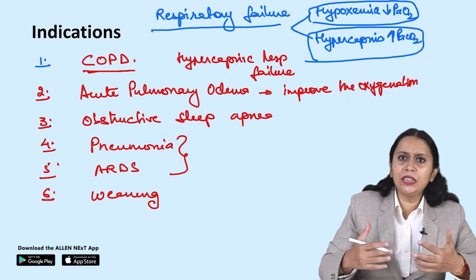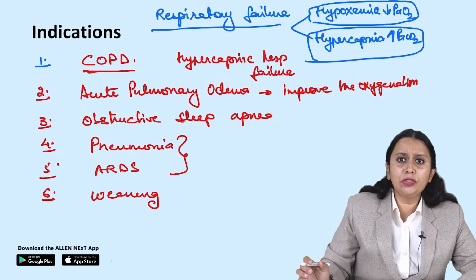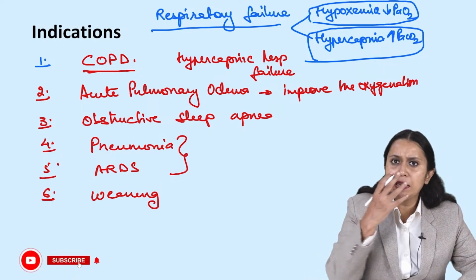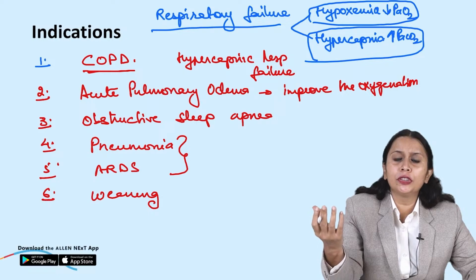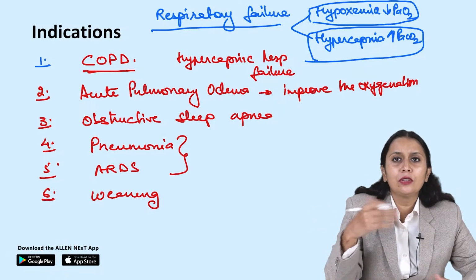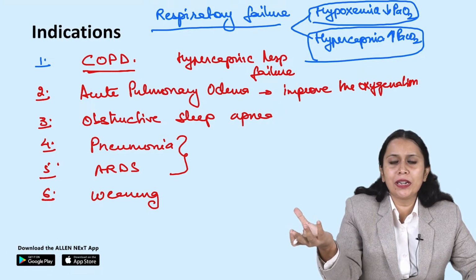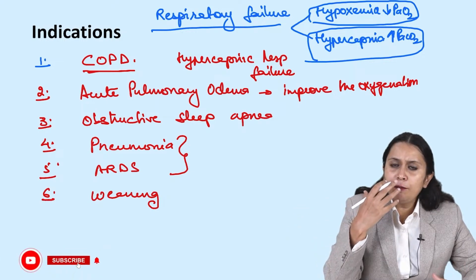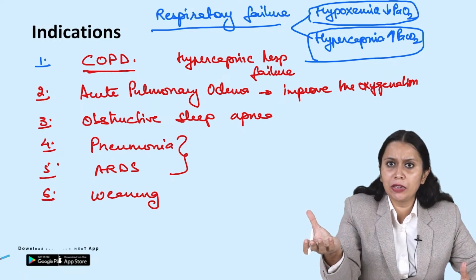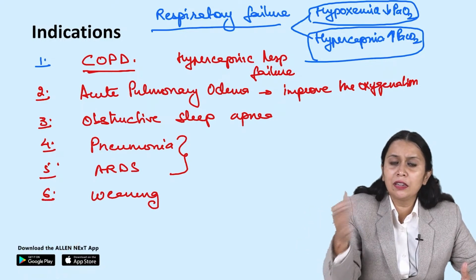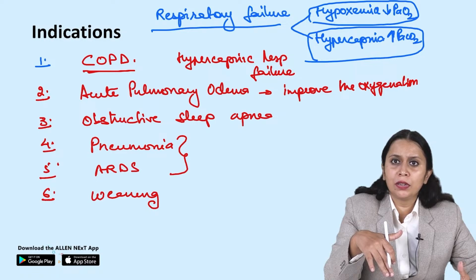Now, what are the prerequisites and what are the conditions in which we cannot put non-invasive ventilation? See, the patient interface is a tight-fitting mask. So if the patient is unconscious or weak, the patient will aspirate. So a comatose patient is an absolute contraindication. Now, if the patient doesn't have a respiratory effort, is in apnea or has an impending respiratory arrest or cardiac arrest, we cannot put this mode, right?